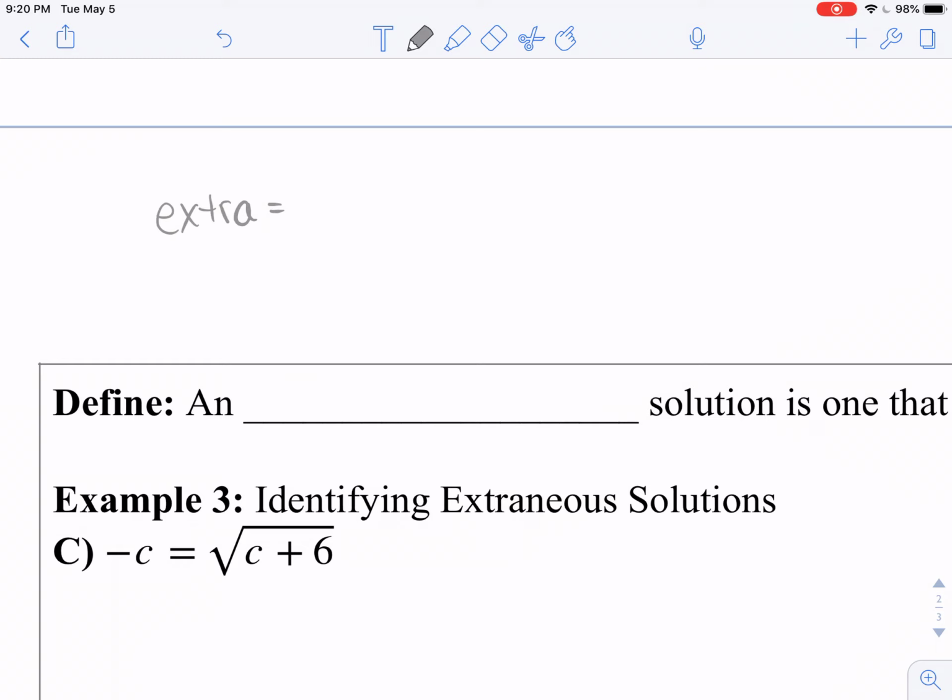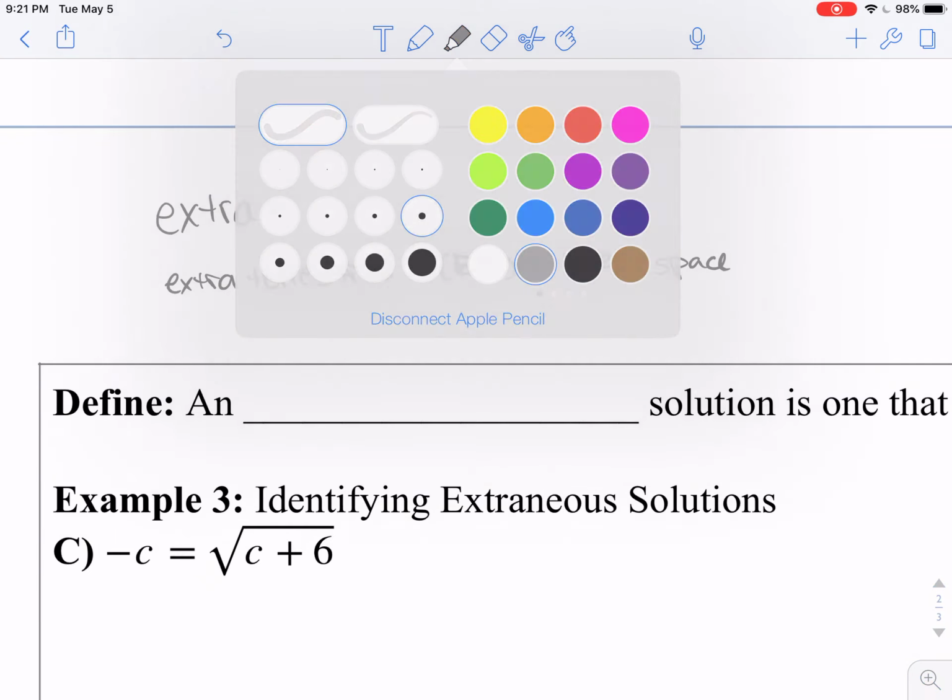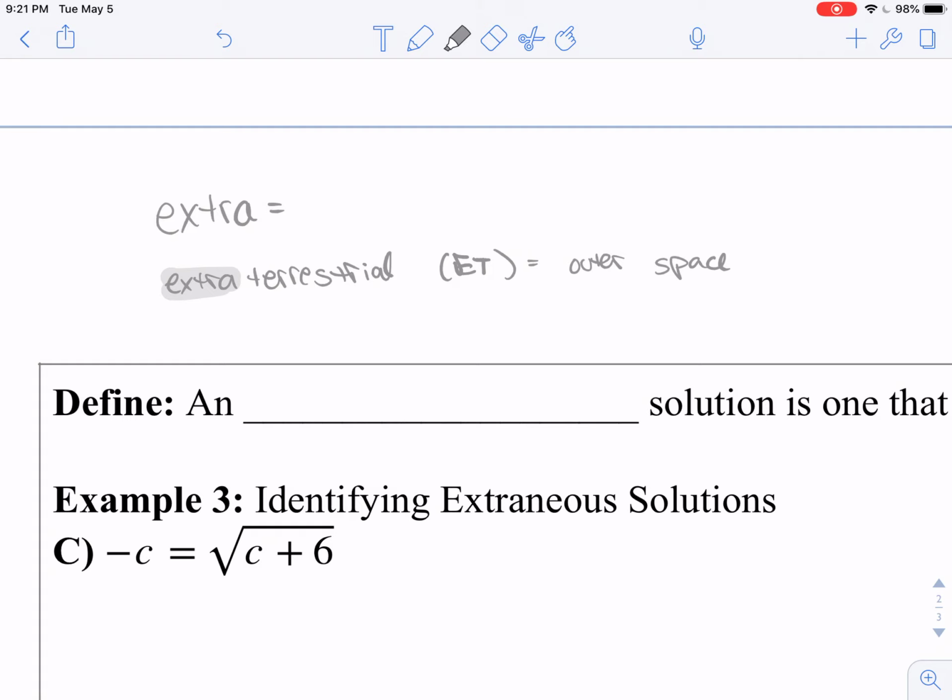But I can tell you that an extraterrestrial, like the movie E.T., the extraterrestrial, means from outer space, because extra means like outside of, and terrestrial is Earth, outside of Earth, from outer space.